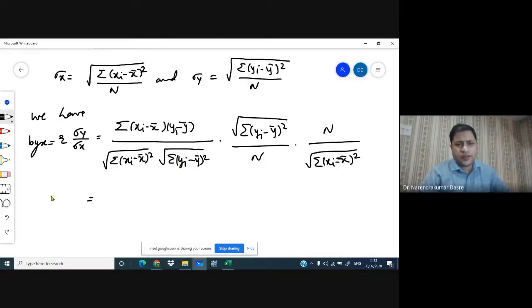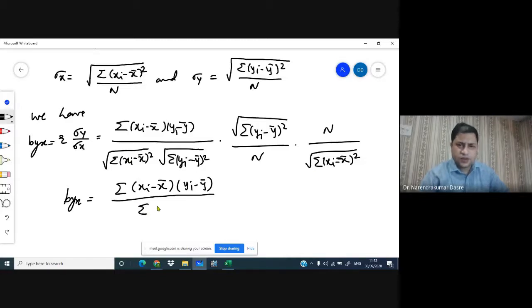So I can simplify this as also byx is equal to summation xi minus x bar yi minus y bar upon summation xi minus x bar square. Okay.